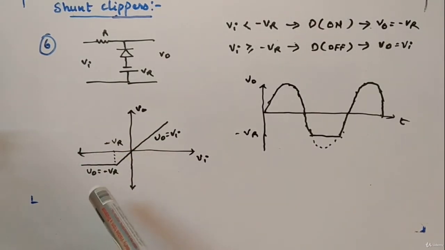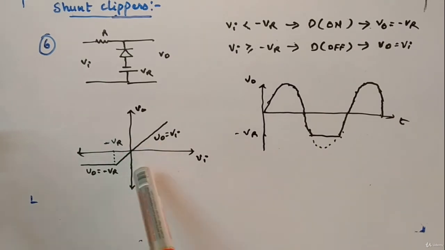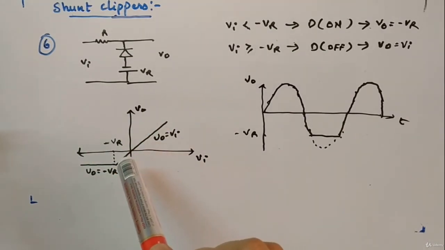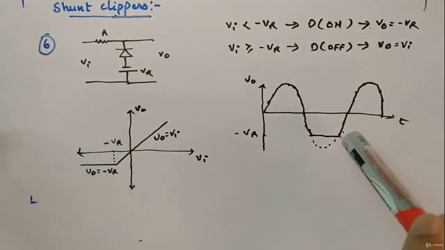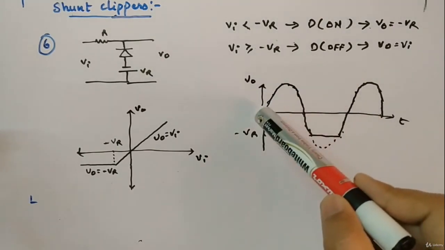And this is how the curve will look like. Till Vi is minus Vr, V0 is equal to minus Vr. As soon as Vi becomes greater than minus Vr, V0 becomes equal to Vi. This is how the transfer characteristic will look like, and this is how the output characteristic will look.